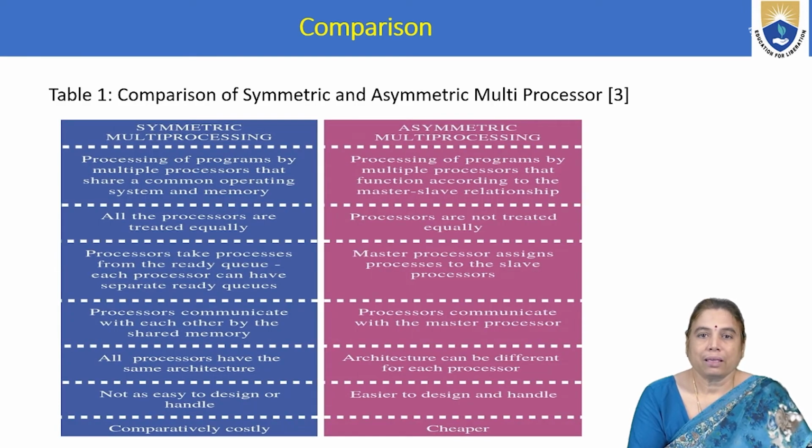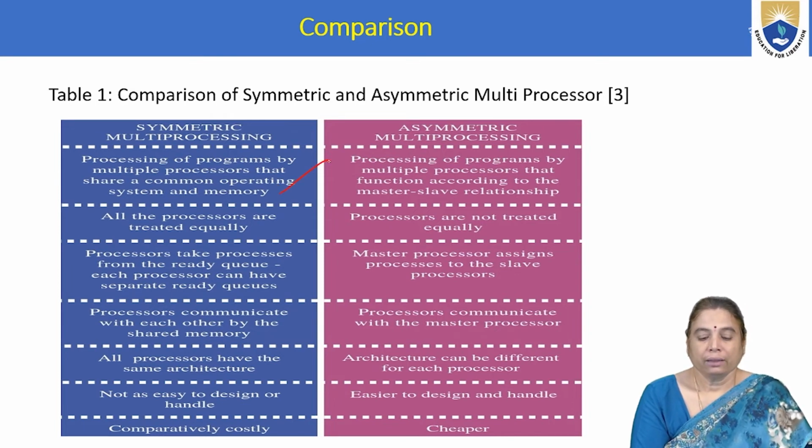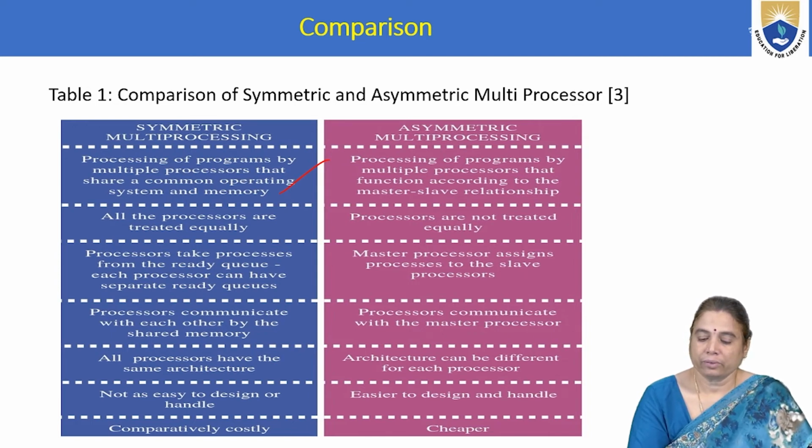Now we have to discuss the differences between symmetric and asymmetric multiprocessors. In a symmetric multiprocessor, programs are processed by multiple processors that share a common operating system and memory. So here the memory and operating system are shared by all the processors. But in asymmetric multiprocessing systems, the function is according to the master-slave relationship.